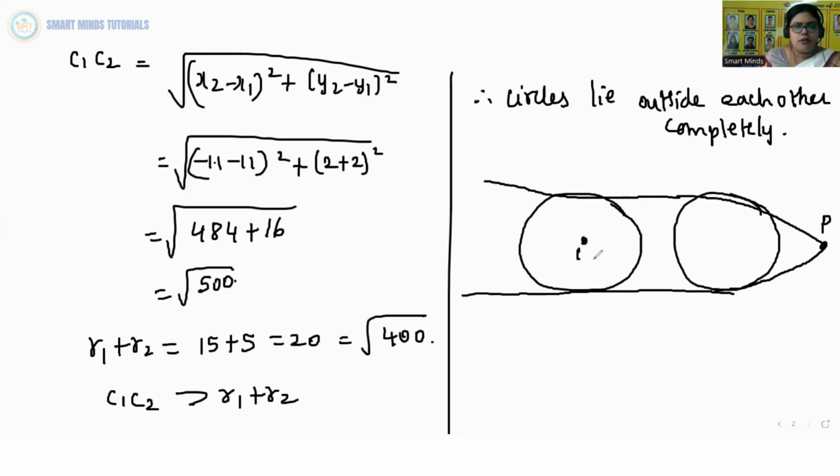This is center 1, this is center 2. And if we join them, this is R1 and this is R2. Can you see? C1 C2 is greater than R1 plus R2. See, this is R1 and this is R2. So C1 C2 is ultimately greater than R1 plus R2. Okay. Now you can see the figure.